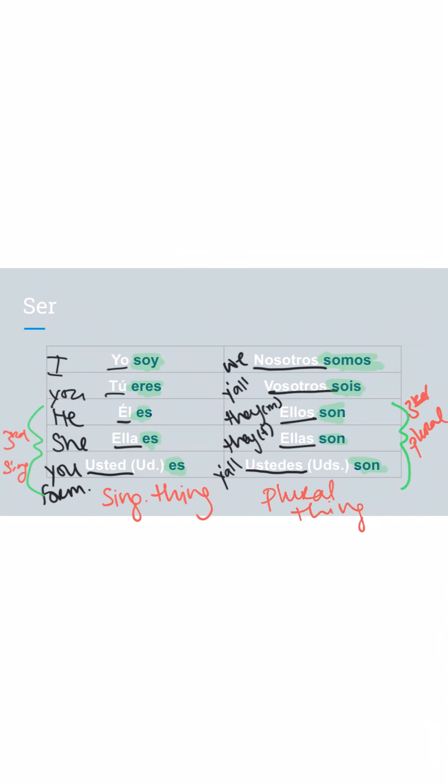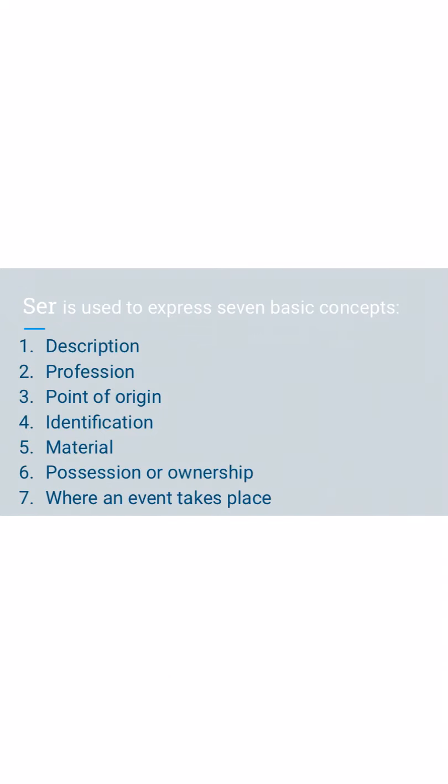All right, so important stuff here. So we have I am, yo soy, you are, tú eres, he, she, or you formal, I'm just going to write it over here, is, then nosotros somos, we are, and then ellos, ellas, y ustedes, they essentially are as well.